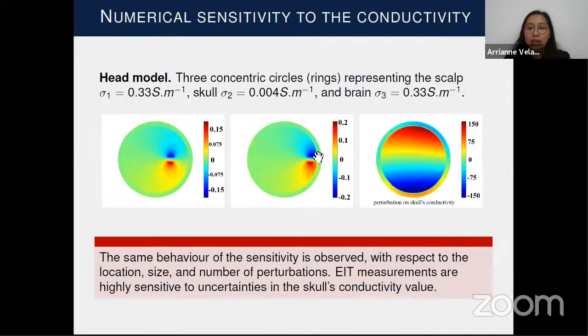We can attribute that again to the resistivity of the skull. If we only perturb the skull's conductivity, we get really large sensitivity values. This confirms that our EIT measurements are highly sensitive to uncertainties in the skull's conductivity value.